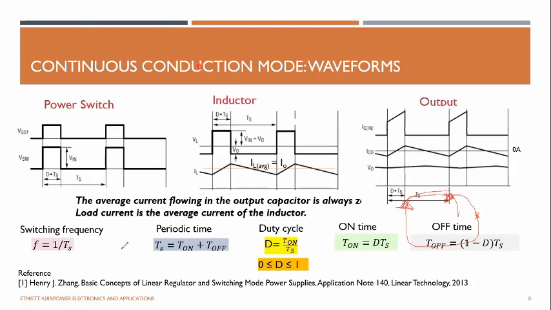If you're designing a buck converter at, let's say, 100 kilohertz, you need very big inductors, which means your power supply will be like this, right? If you switch at 1 megahertz, you can just reduce it to like this.